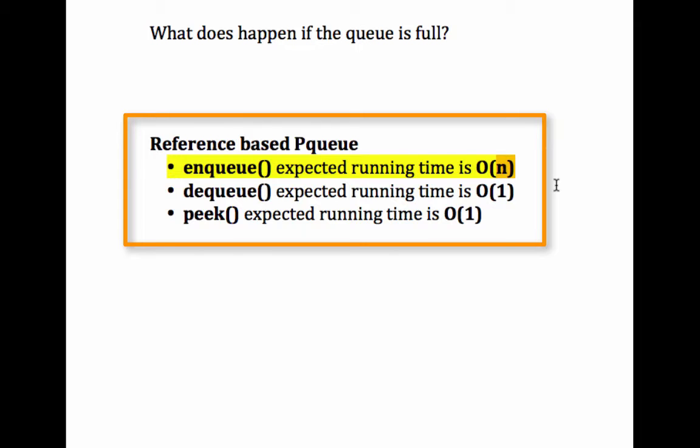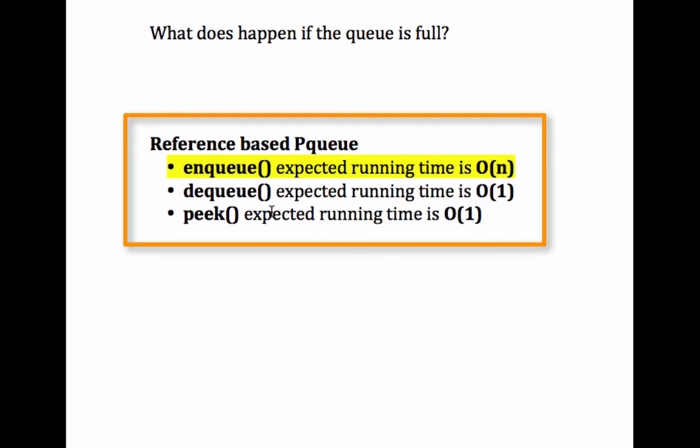Again, on average, it means that we're going to have to traverse half of the list. And that is why we say that the expected running time, which is an average running time, is O(n). So it happens to be the same as the enqueue for an array-based implementation, but for different reasons.